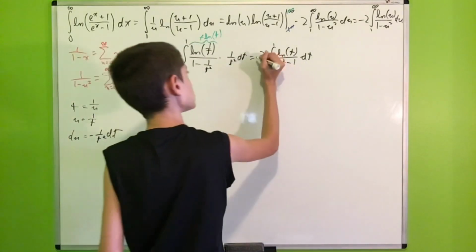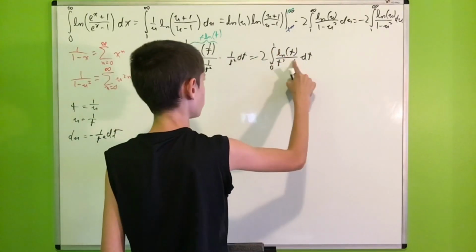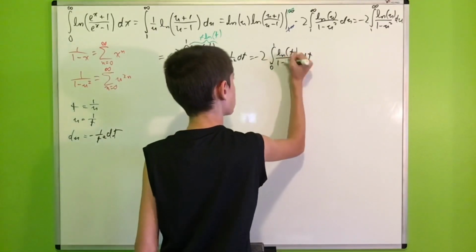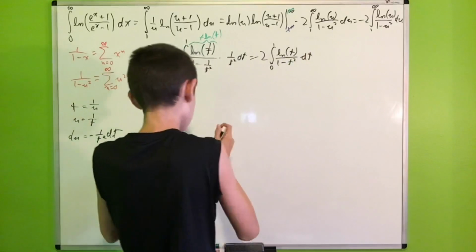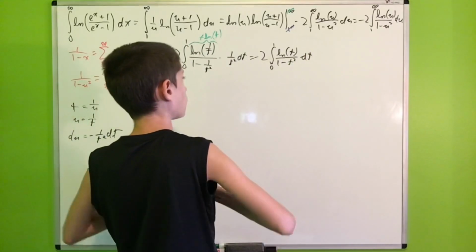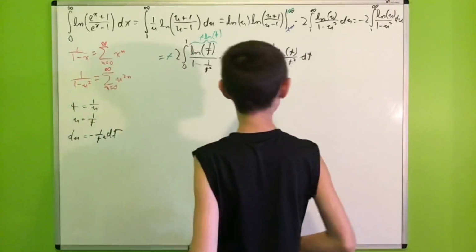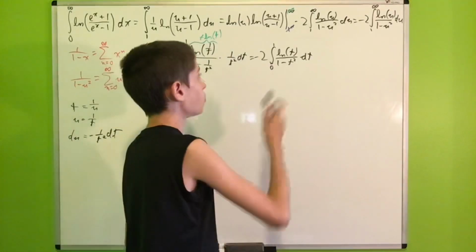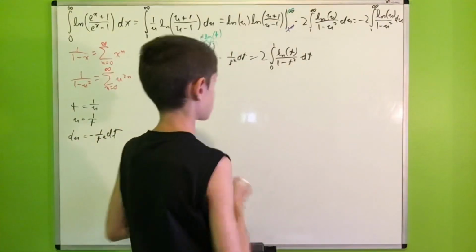But then we can just put a minus sign on front to switch the t squared and the 1 to get 1 minus t squared. And now we are in the interval of convergence of this infinite series, well, except for the endpoint, but it's an improper integral anyway, so we can still plug this series in.